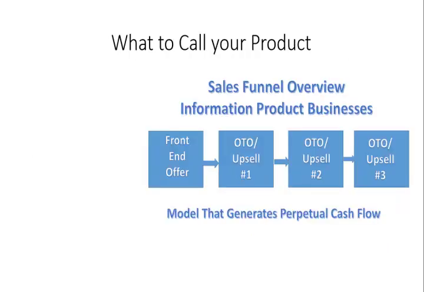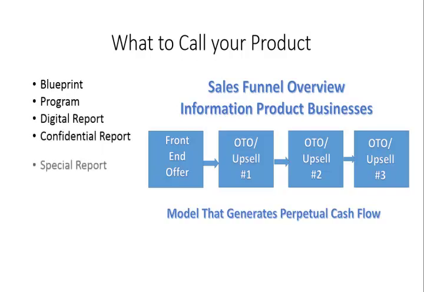So now, what are you going to call your product? One of the things to think about is that the way you name the product, or what you actually call it, matters to the customer. Right? You can call your product a blueprint. Once again, don't call it an ebook. Call it a program. Consider calling it a digital report, a confidential report, a special report, a guide, a course, or tutorials.